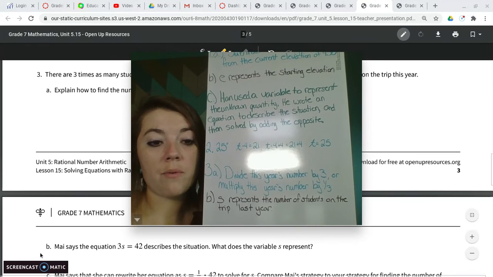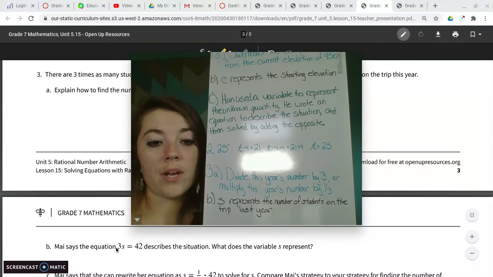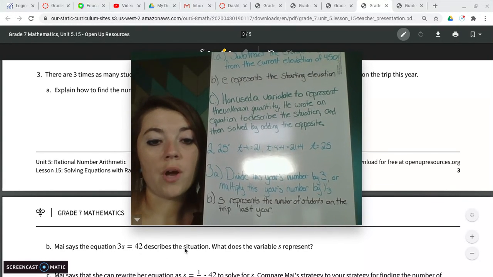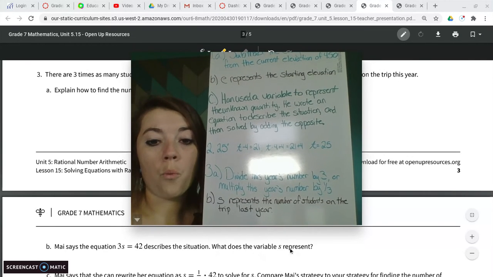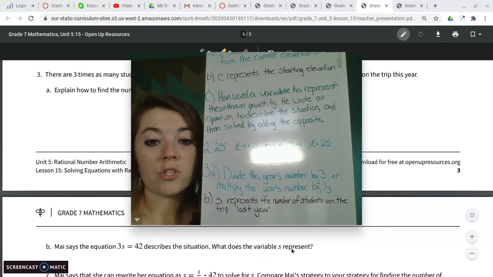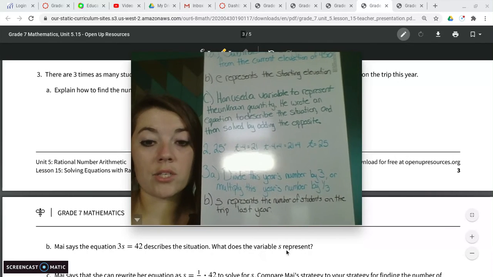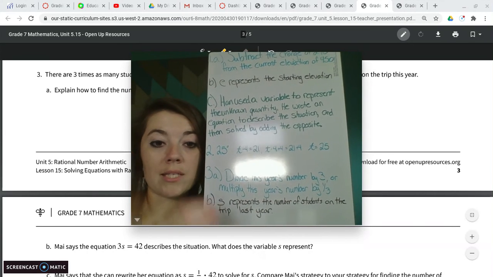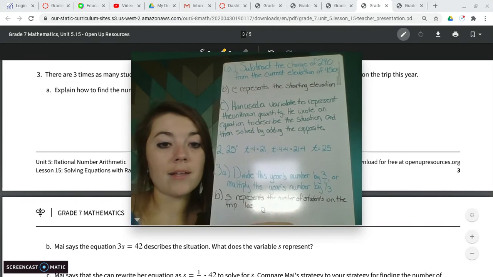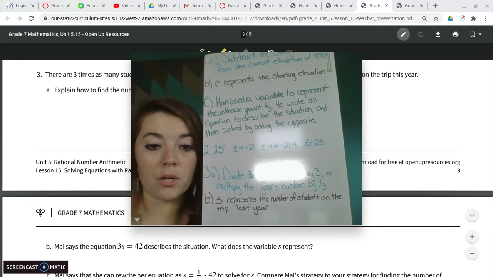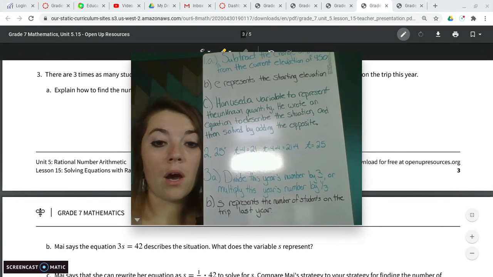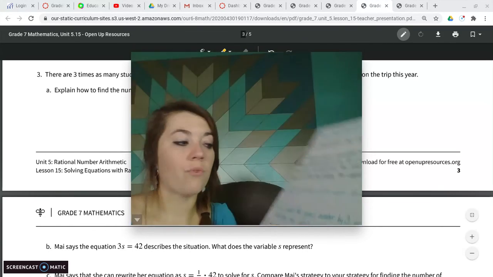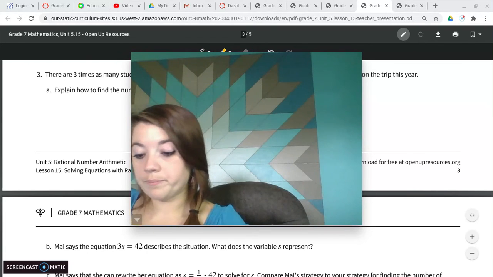Now, for B, Mai says the equation 3s equals 42 describes the situation. What does the variable s represent? So s represents the students from last year's trip because it's 3 times as many as last year's trip to get to this 42.